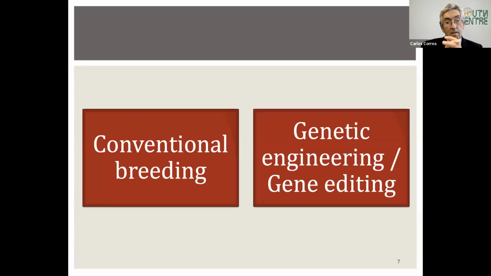Then plant varieties can be developed on the basis of what we may call conventional breeding, which is based on the selection and crossing of different plants. In the last 40 years or so, new technology have been introduced, initially genetic engineering, which allows to introduce a gene which is not part of the genome of a plant in it, in order to get some particular result, as I mentioned, for instance, resistant to a herbicide, resistant to some pest or other conditions.